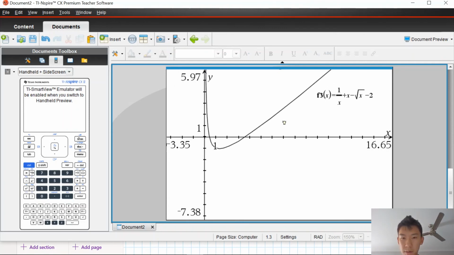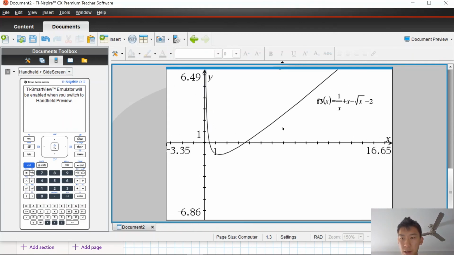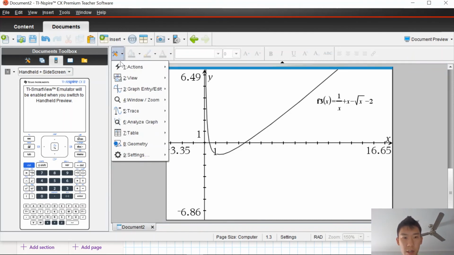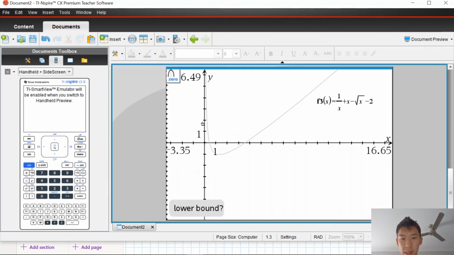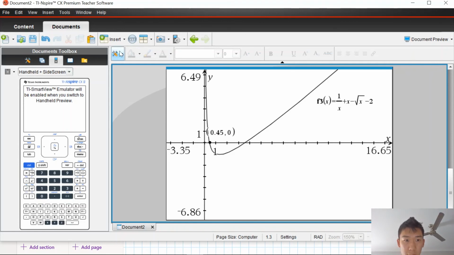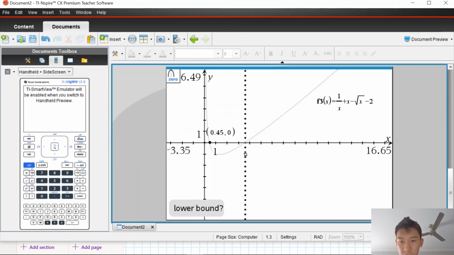Alright, there's our function there. We don't really need to do any zooming in or out, so let's just go straight to Tools, Analyze Graph, 0. Alright, we see that there's 2 intercepts, so I'm going to click just before the first one, just after. Alright, that gives me my first 0. And then let's just do the same for the next one. So nice and easy. There we go. There's our zeros.